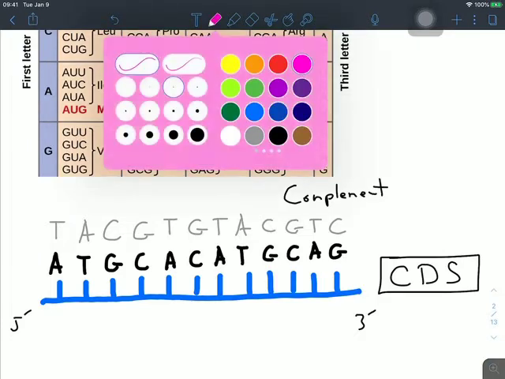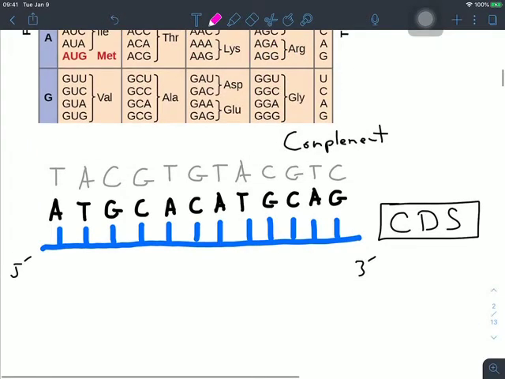DNA complementation. From this non-coding side of DNA, we then can mimic the process of RNA polymerase, the enzyme that's going to go ahead and do our transcription in order to make our RNA.